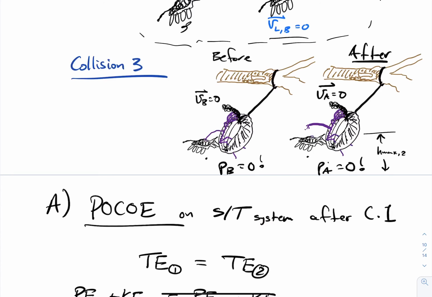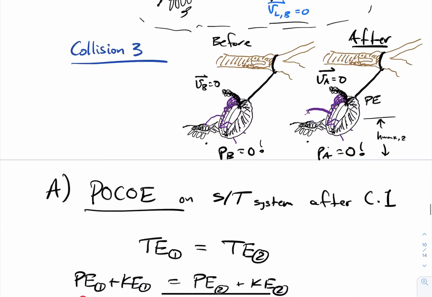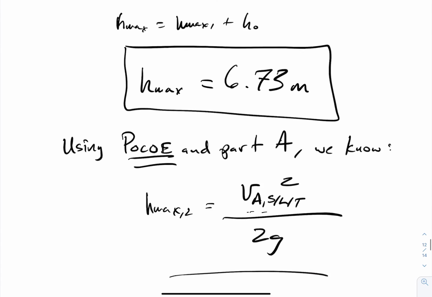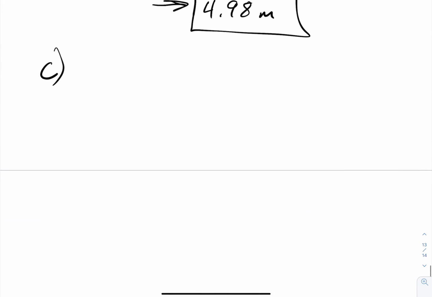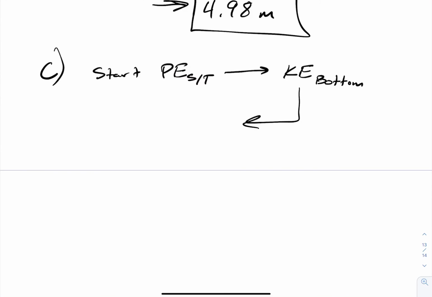Well, that means that the total energy that our Smoot tire system have up here would be all potential energy. And so as the Smoot tire system make their third swing, they start with PE for the Smoot tire system. It gets converted to KE at the bottom, and all of that gets converted back to PE at the top.